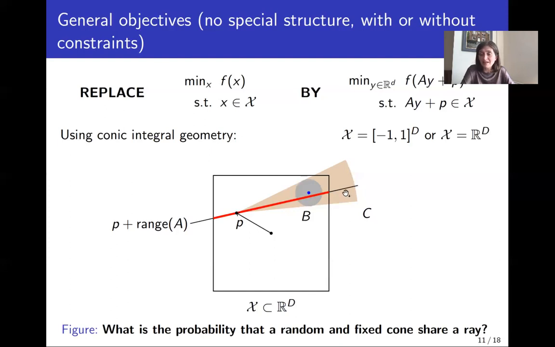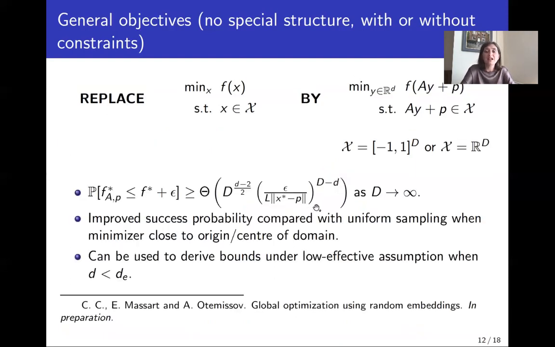If they share a ray, then our reduced problem is successful. And so we use these techniques to bound this probability, and we found here a bound that now, of course, depends on big D. We have no special structure here, no hope of getting something really nice. However, this bound is better than uniform sampling when, for example, the minimizer is close to the center of the domain.